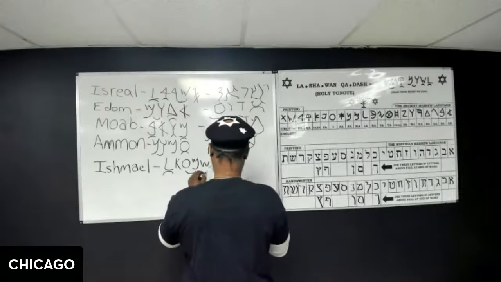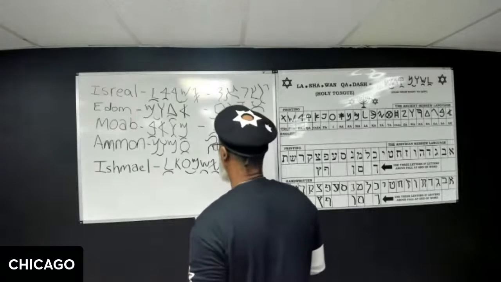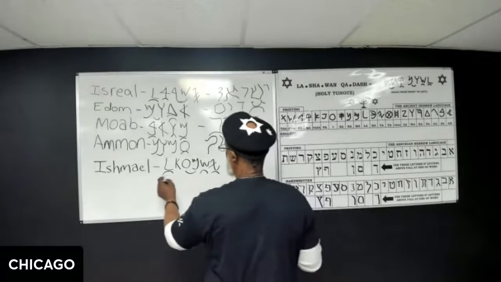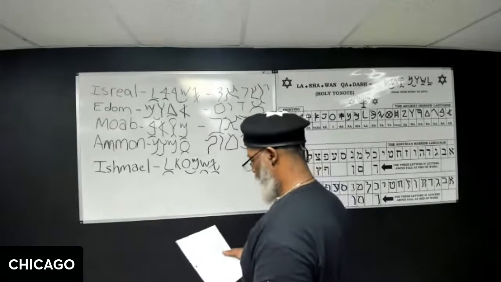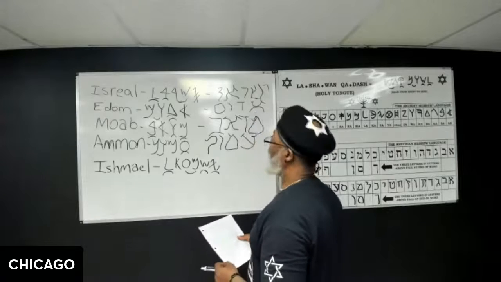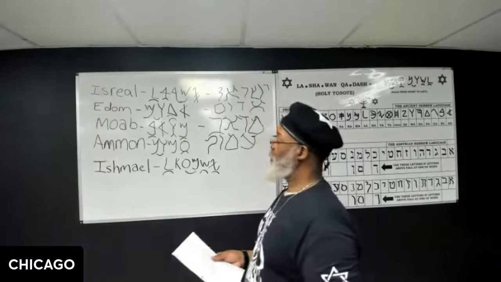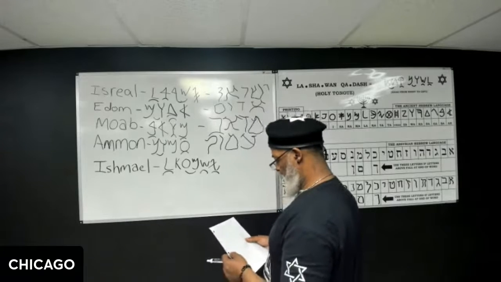Certain letters are connected together and others are singular. The ones that look like little smiley faces and frown faces at the bottom are the connectors. So right now we're doing biblical and Hebrew names for the nations, and we have Israel, Edom, Moab, Ammon, Ishmael, Elam.